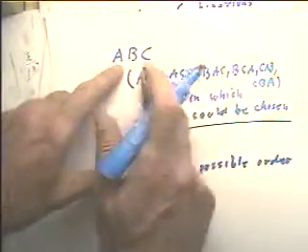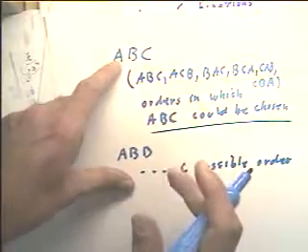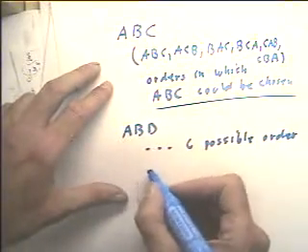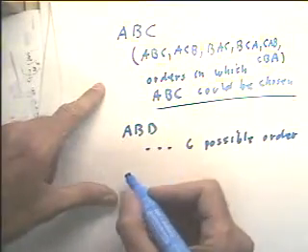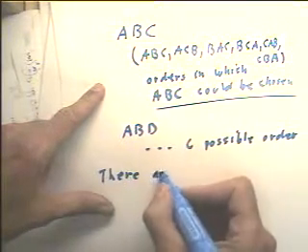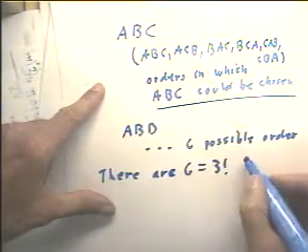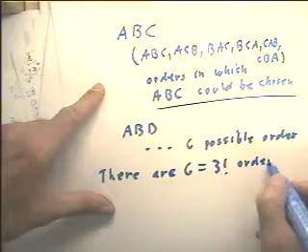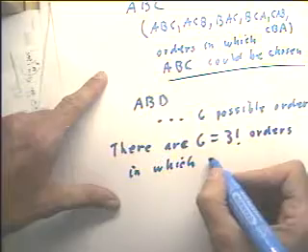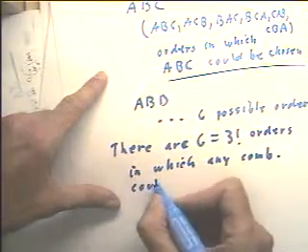Now we could see that there are 6 possible ways, because if we're going to choose these 3 in order, there are 3 choices for the first, 2 for the second, 1 for the third, which is 3 times 2 times 1. There are 6, which is 3 factorial, orders in which any combination could be chosen.